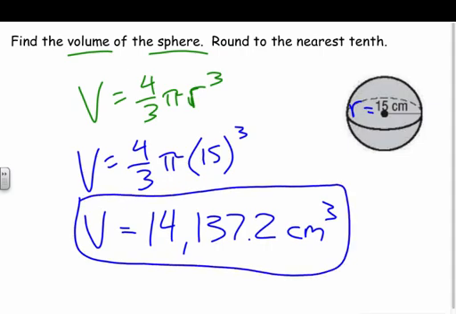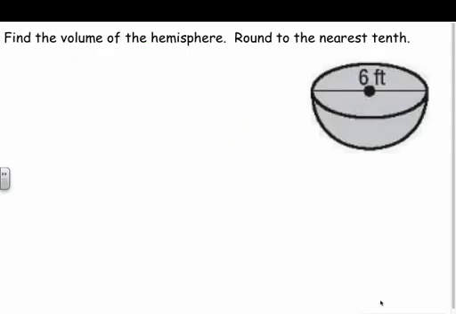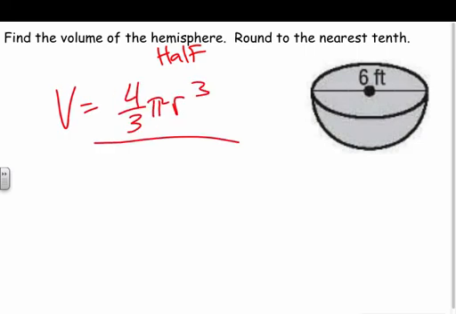Just applying that formula. Okay, we can do the same thing with the hemisphere. Just remember, it's really half a sphere. So all we're doing is finding the volume of that whole sphere and then dividing it by what do you think? Well, 2, right? Cut it in half. And if this is the diameter, which is 6, that means the radius is 3 feet. And then we'll plug that in.